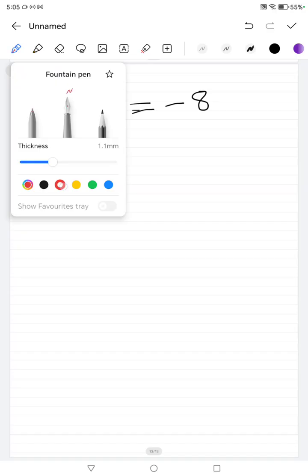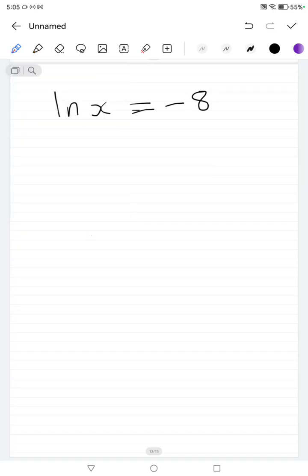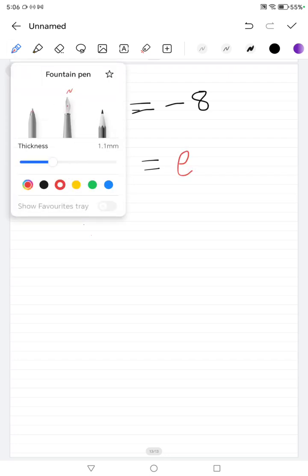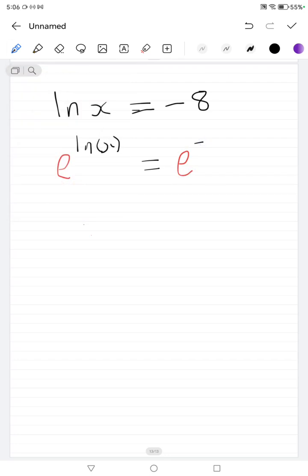You will see that now I have e to the exponent ln of x is equal to my e to the exponent minus 8. You see?